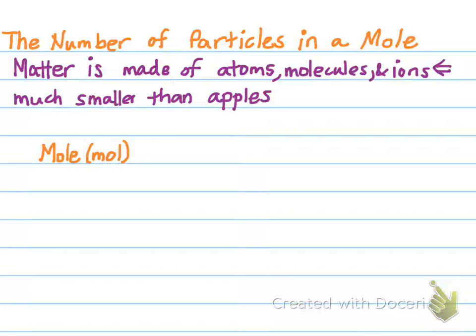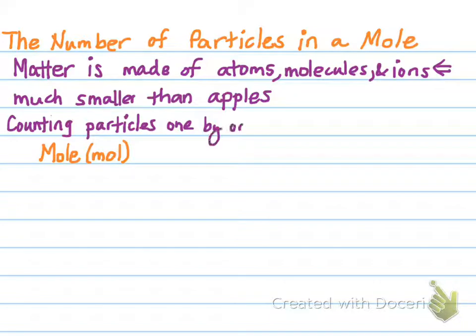Remember, we can see apples, we can see seeds, we cannot see atoms, molecules, or ions with our naked eye. What that means is that counting particles one by one is not practical.